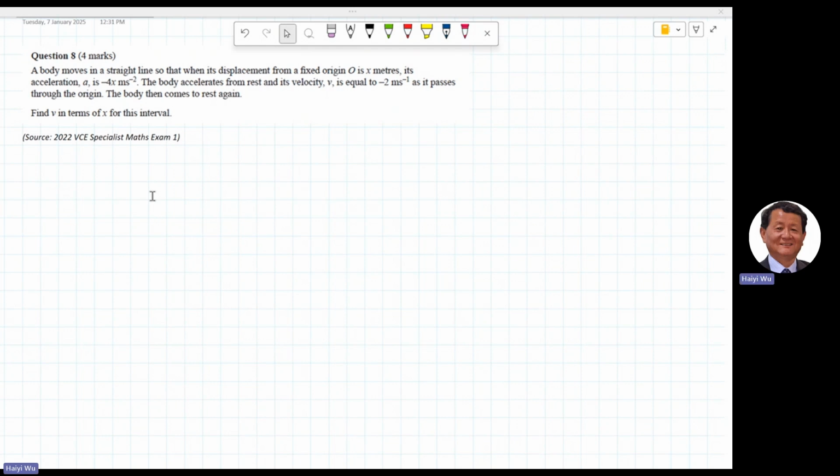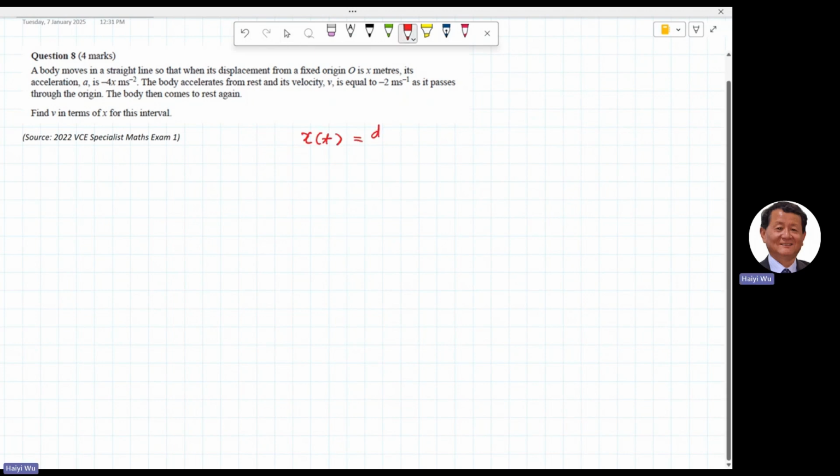Okay, so first, we've got the question written as: a body moves in a straight line so that its displacement, which sometimes we write as x(t).